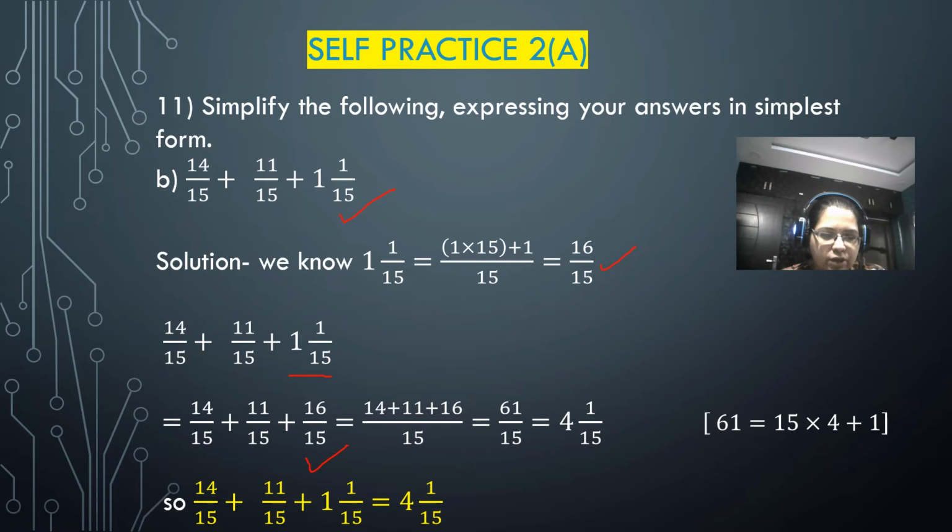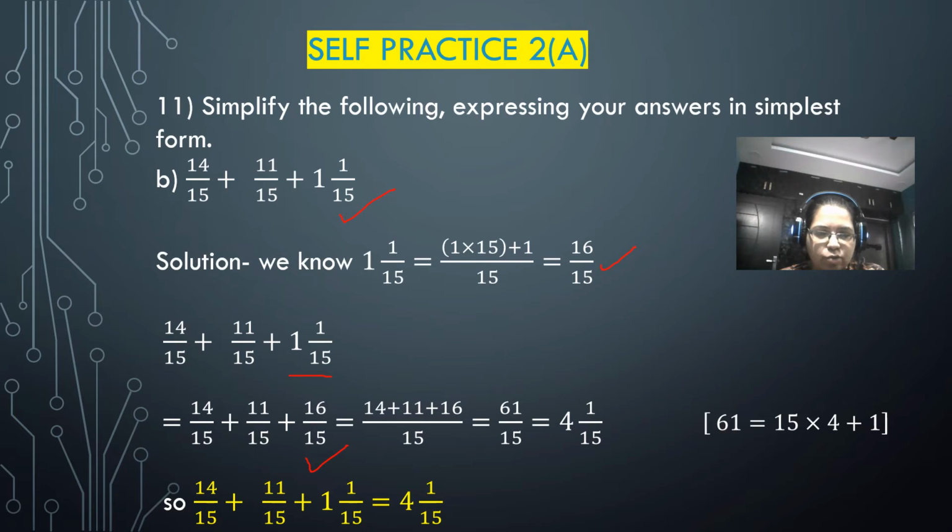Now 14 divided by 15, 11 divided by 15 and 16 divided by 15 are like fractions as denominators are equal, that is 15. So when we add like fractions, just add the numerators and write down the denominator as usual.